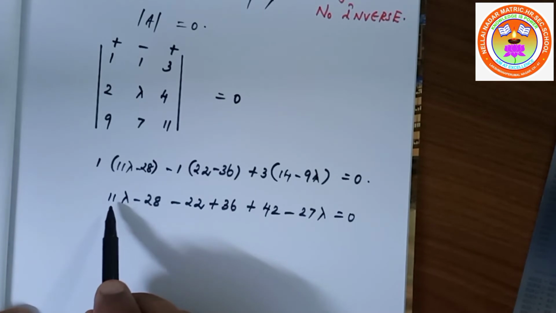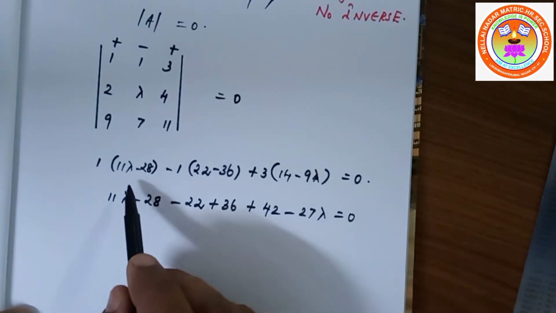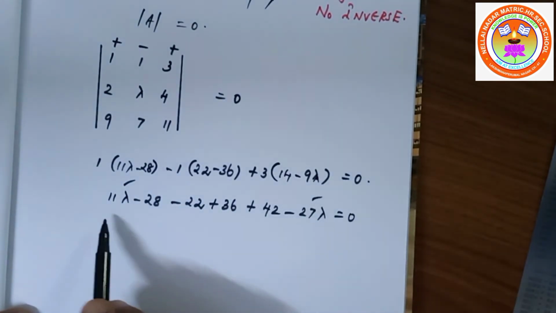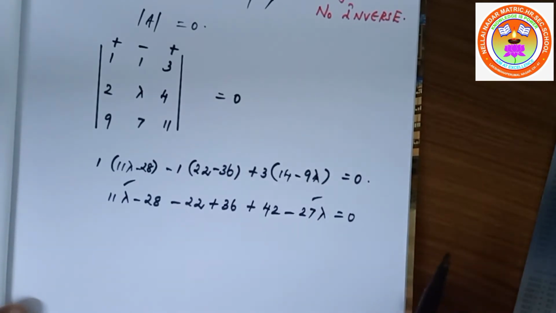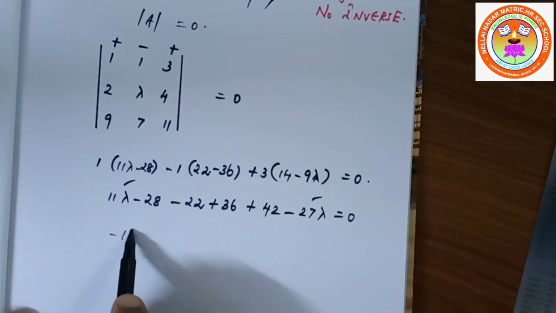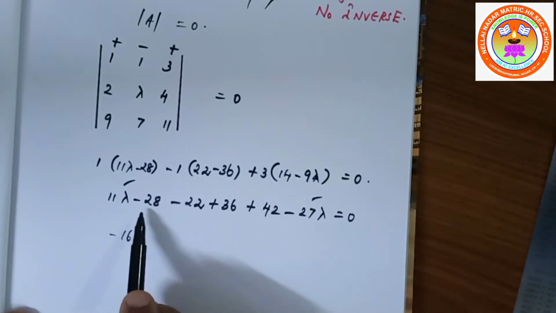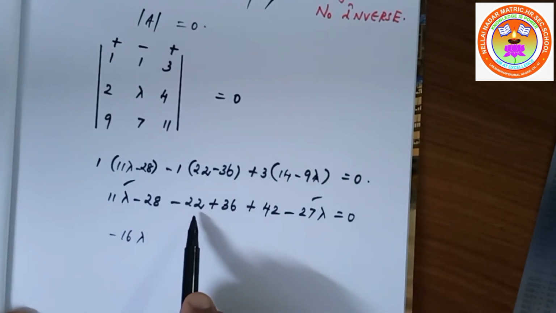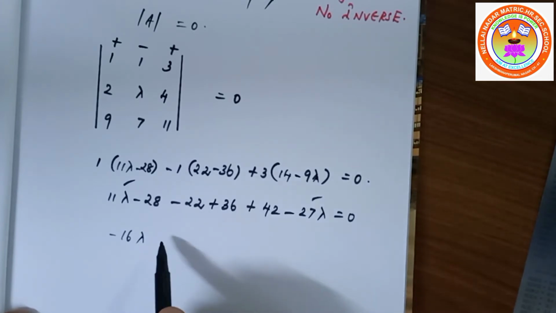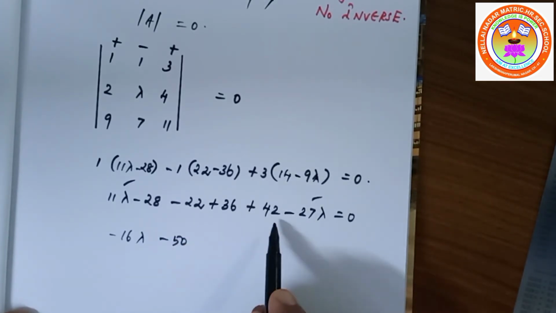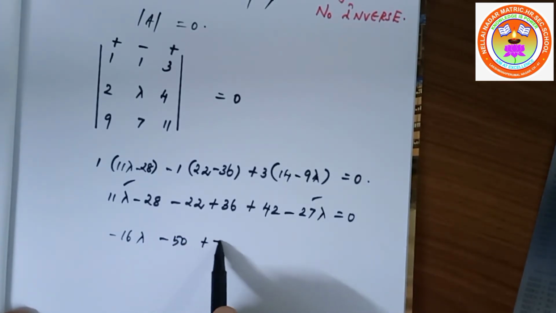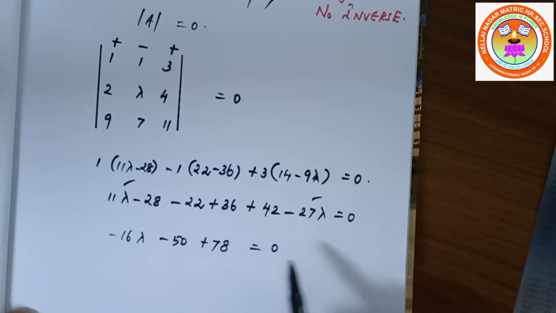Here 11 lambda, here 27 lambda, together 11 minus 27, that is equal to minus 16 lambda. Then you can add the constants: minus 28 minus 22 together is minus 50. Minus 50, 36 plus 42 is 78, that is equal to 0.